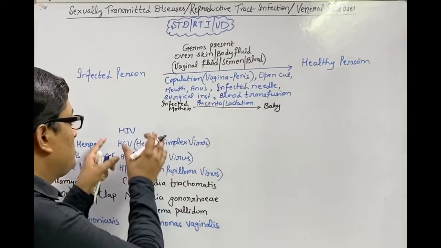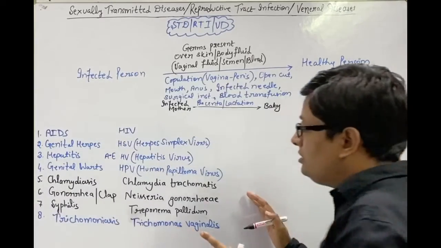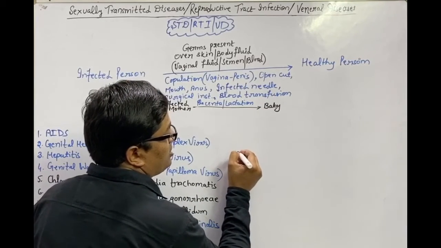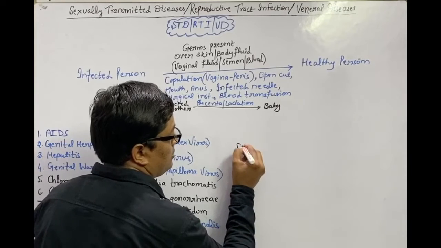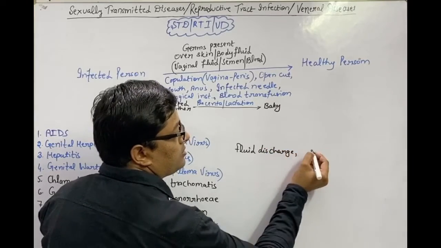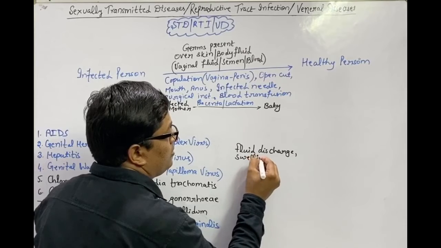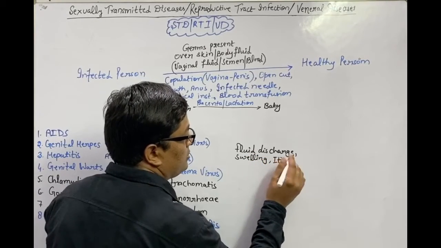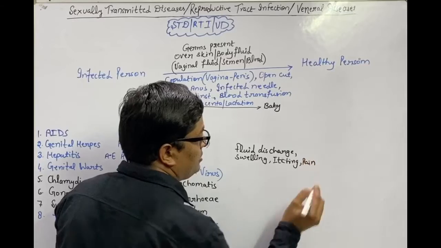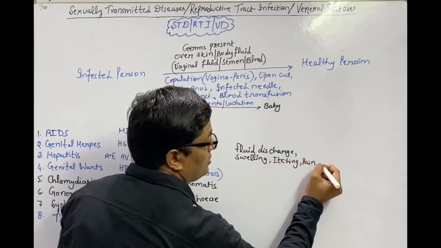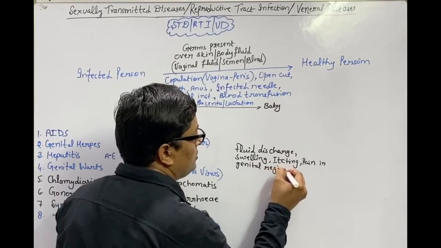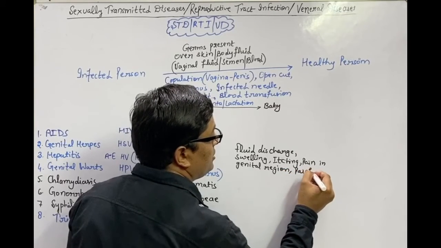Next are the symptoms of these diseases: fluid discharge, swelling, itching, and pain in the genital region, or painful urination.